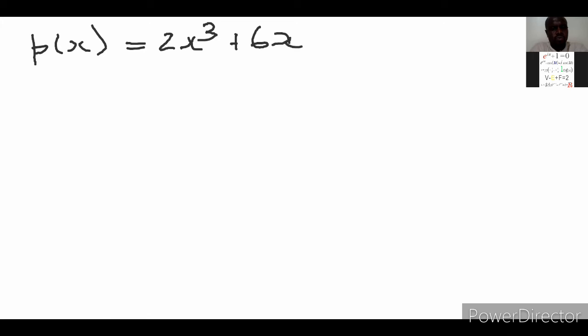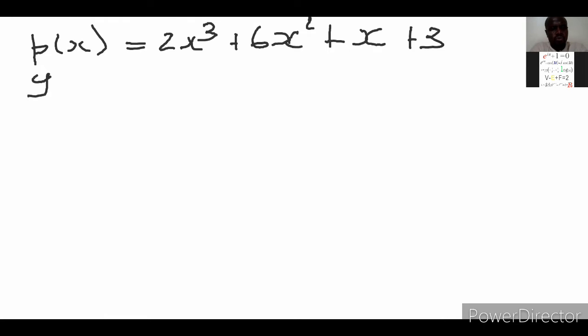P of x is equal to 2x cubed plus 6x squared plus x plus 3.